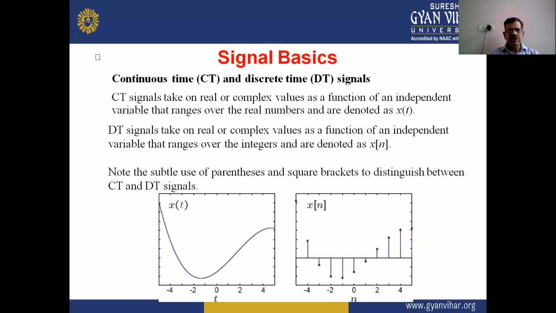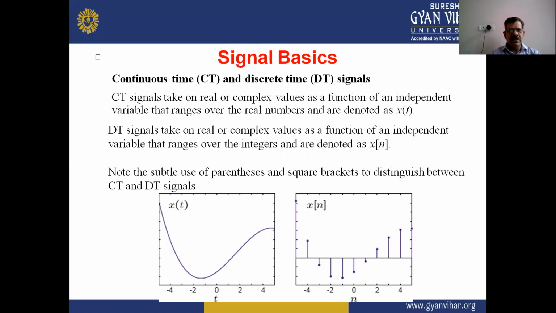We can also see both signals in these diagrams: first the analog signal x(t), and second the digital signal x[n] in discrete form. CT signals take on real or complex values as a function of an independent variable that ranges over the real numbers and are denoted as x(t). That is the CT signal, the continuous-time signal.